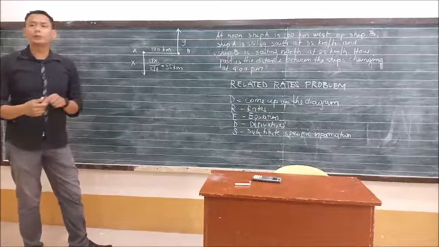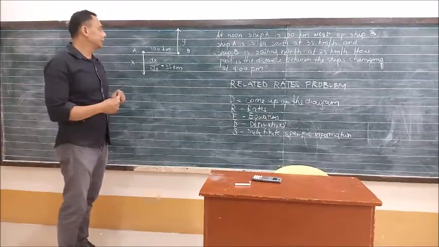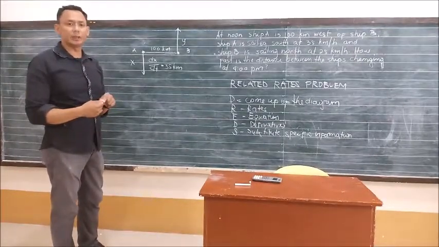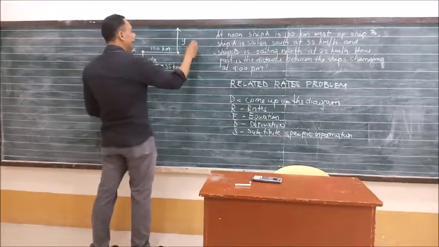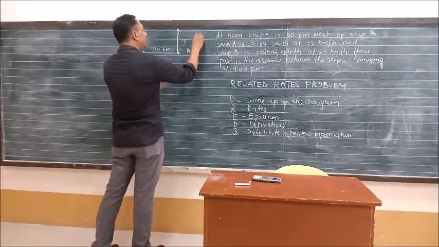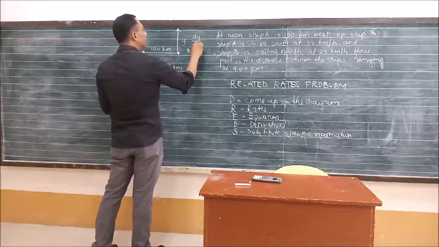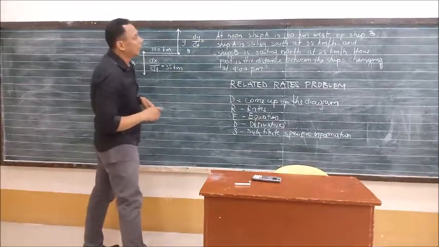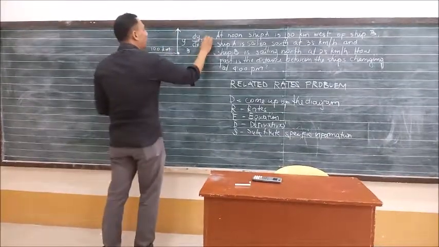And the same thing with the y distance. The change of the distance with respect to time can be written as dy/dt, equal to 25 kilometers an hour.